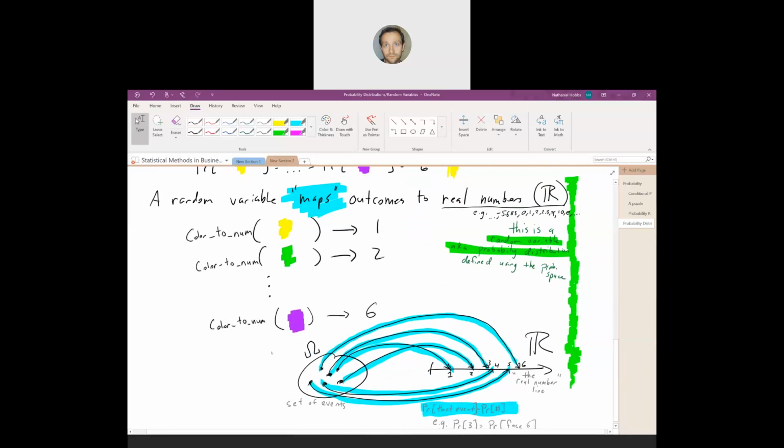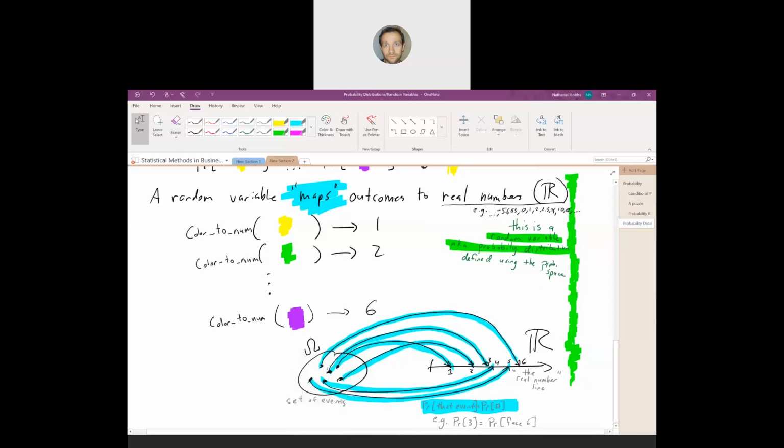Here you have some set of possible events, a set of possible outcomes. Here this set is of size 6, and each of these points you can think about it however you want. Maybe these are colors, maybe they're smiley faces, maybe they're anything you want. But for each one of them, you put it somewhere on what's called the real number line.